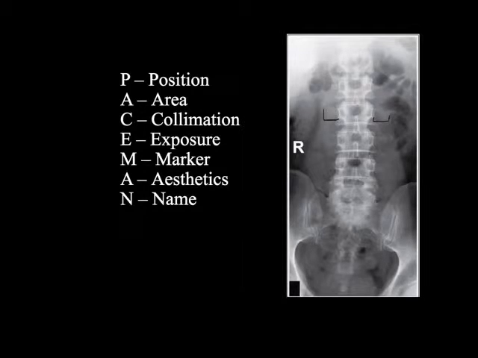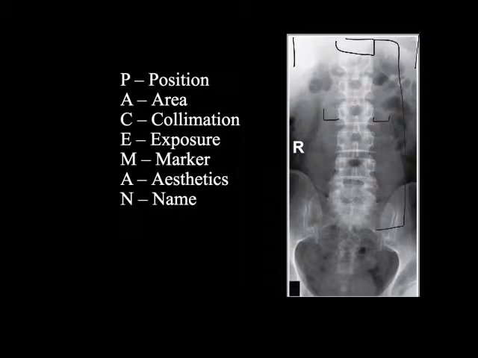The area covered: have I covered the entire area of the lumbar spine? I have. Collimation is appropriate, and I can actually see the collimated field. The exposure is appropriate. If I was trying to see this joint here, that might be a little difficult, but I've got quite a bit of exposure through the area of interest.